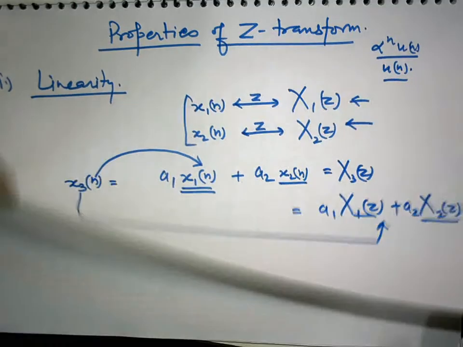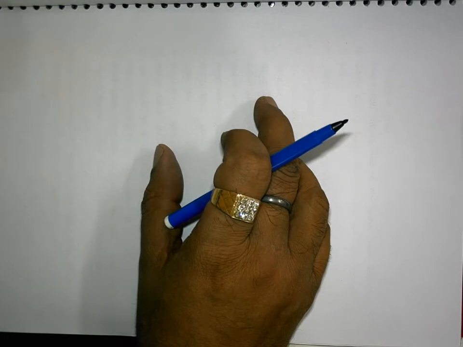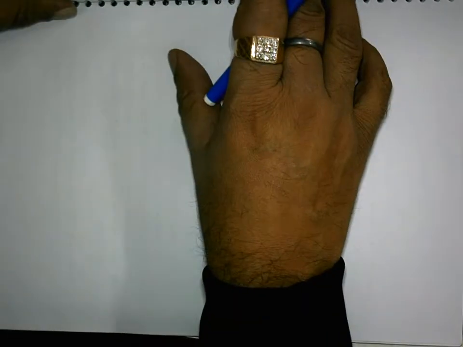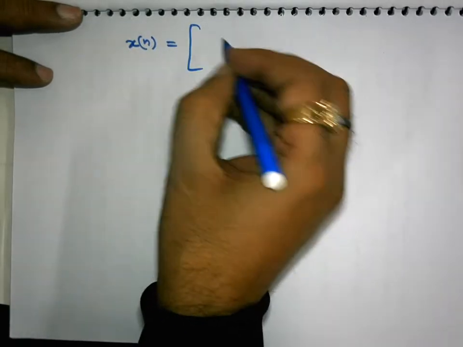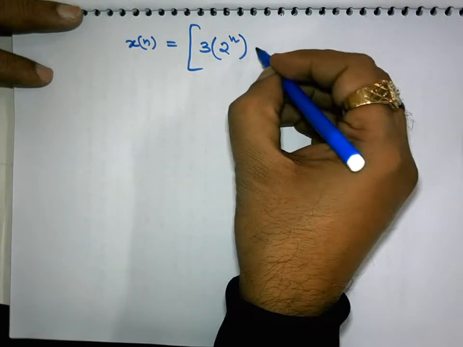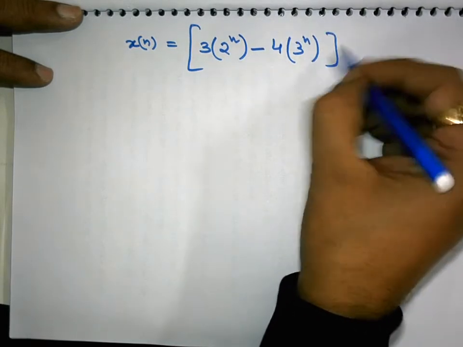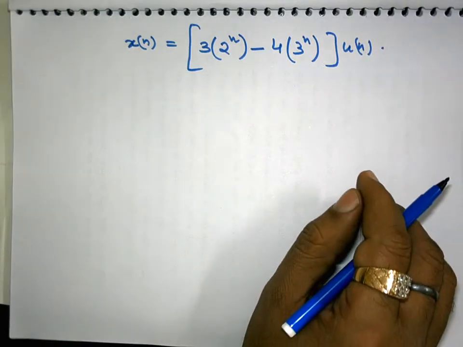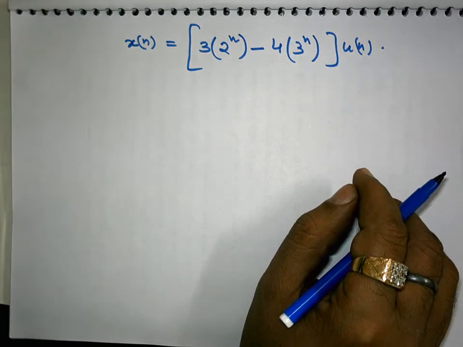Okay. So let us see the significance of this property while taking some examples. Suppose we have a signal xn equals to this is the signal, and we have to evaluate the Z transform of this signal.